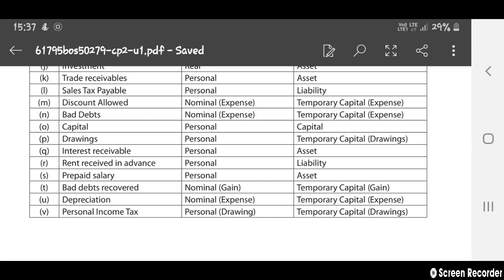Drawing, in the traditional approach we say it as personal only, but in the accounting equation approach we say it as temporary capital, means drawings, we are drawing the money only. Next, interest receivable, it is personal in the traditional approach, but asset we say in the accounting equation approach. Rent received in advance, we say it is personal in our traditional approach but liability in our accounting equation approach.